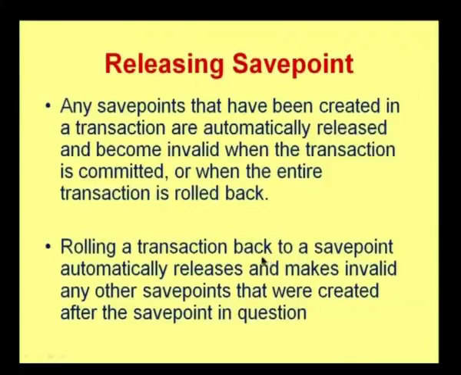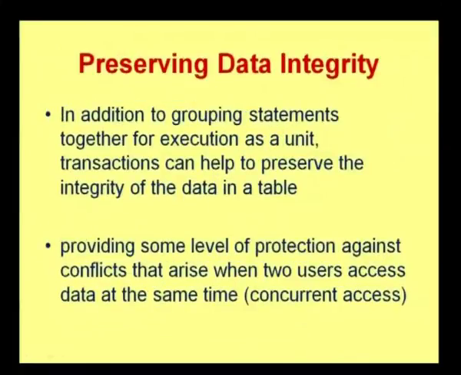If I just give rollback, all the save points created after the commit will be released. Next, rolling a transaction back to a save point automatically releases and makes invalid any other save points that were created after the save point in question. This is what I told you. Whenever I roll back to a particular save point, whatever save points I created after it will be deleted. Next we will move into how to preserve data integrity.